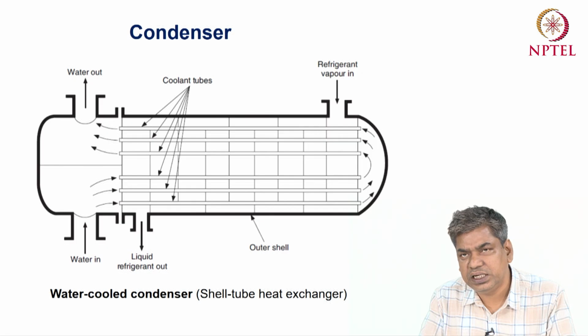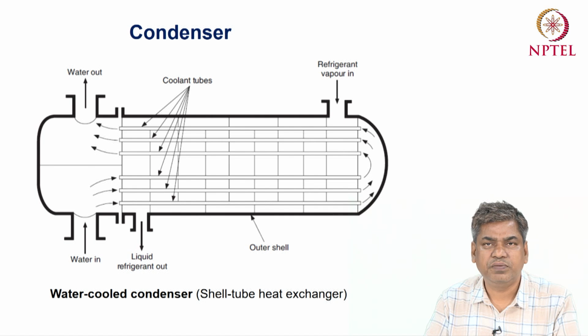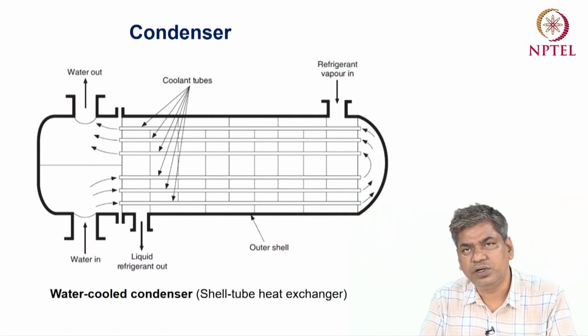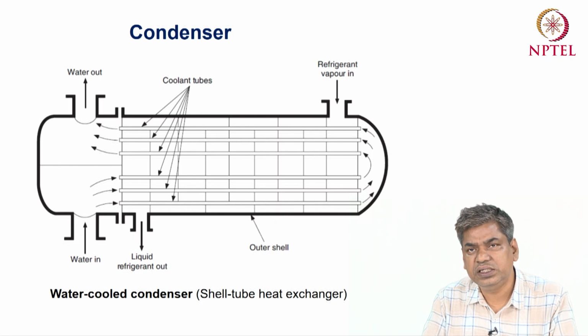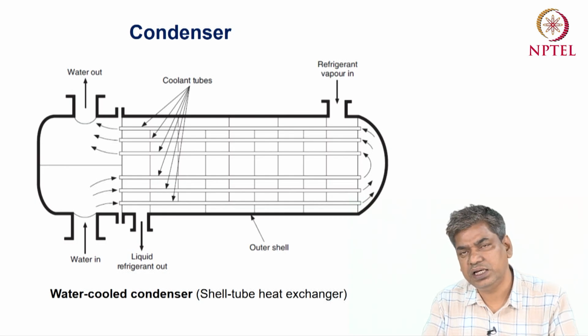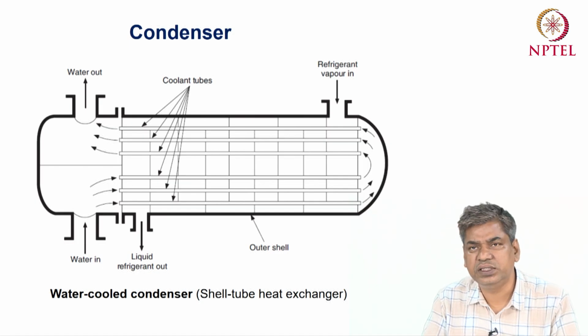Okay, so in this case this is basically a double pass system. In this figure there is a header for the water inlet and water outlet. That header is used to distribute the water to the different tubes. According to this figure, the water enters at the lower header on the left hand side and is distributed to all the tubes in the lower half of this heat exchanger.